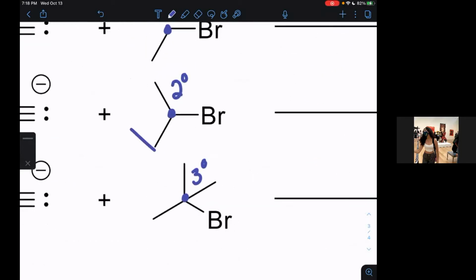But if there were another thing right here, then I think it could just attach. Hypothetically, if it had one more, I would say that it would just go ahead and attach, right? Yeah, but the carbon that's attached to the bromine is still secondary. What about this one?